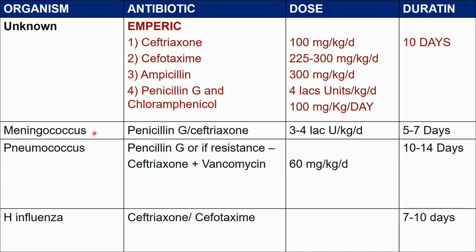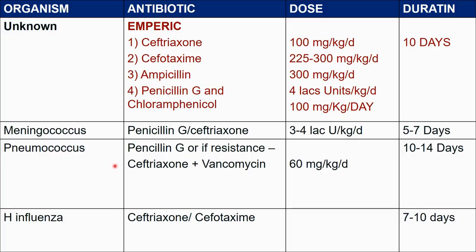If you suspect meningococcal meningitis, then the choice of antibiotic is penicillin or ceftriaxone. Penicillin dose will be 3 to 4 lakh unit per kg per day, with ceftriaxone 100 mg per kg per day, and duration of treatment should be 5 to 7 days.